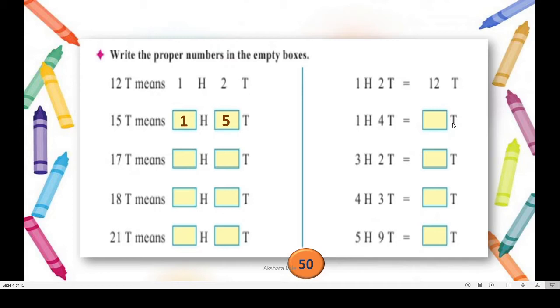Yes, nice answer. This is 14 tens. Very good. Here also you have to try these three. It is on page number 50. You can use your pencil and write in your textbook. Okay, we will move further.